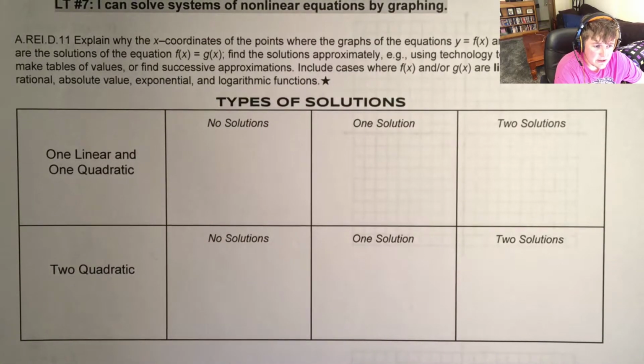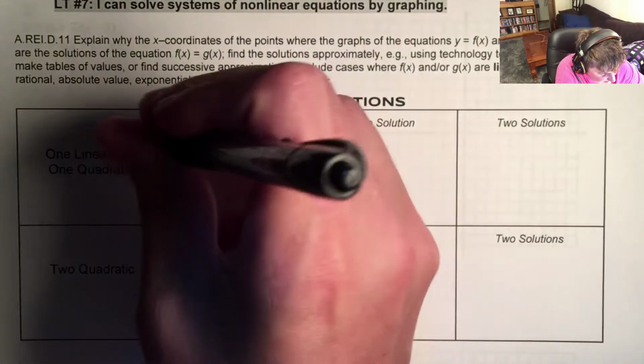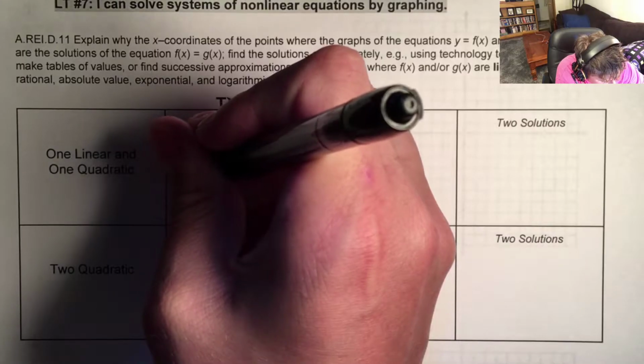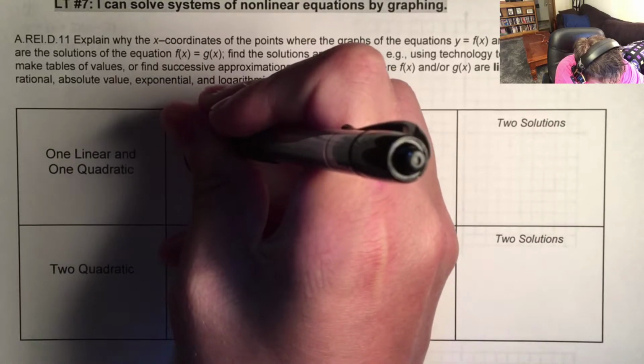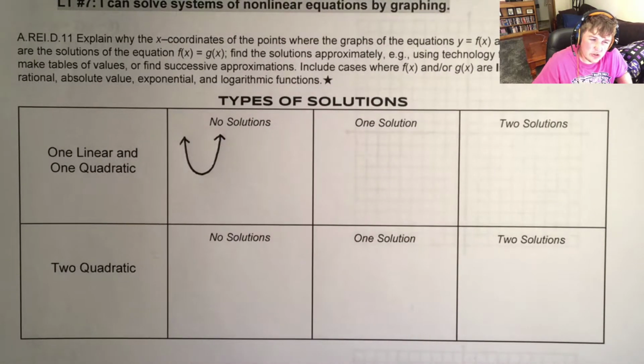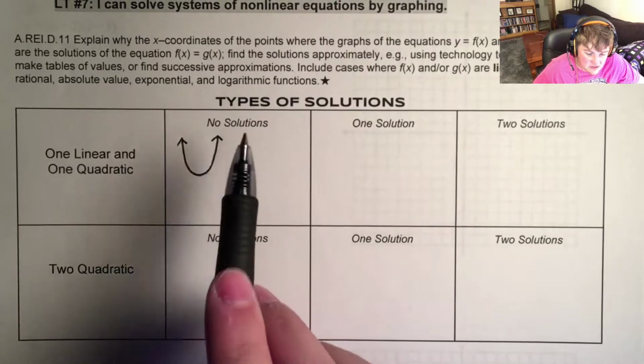Okay, so if I have one linear straight line and one quadratic parabola, we can get no solutions. An example of that would be, let's say we have a parabola opening up, somewhere on our graph. It doesn't really matter where, just somewhere. No solutions, to me, would indicate that our parabola and our line are not touching at all. So we just have to draw some line that cuts right underneath it, never hitting any part of the parabola.